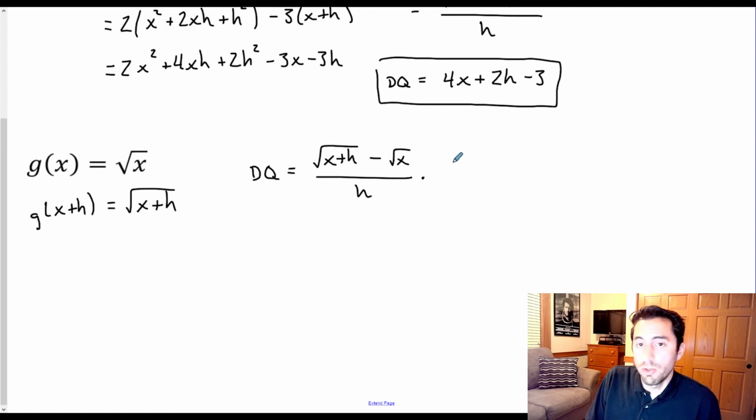So I'm going to multiply numerator and denominator by the conjugate, so the square root of x plus h, and then instead of minus, it'll be plus the square root of x. And since we did that to the numerator, we have to do that to the denominator as well.